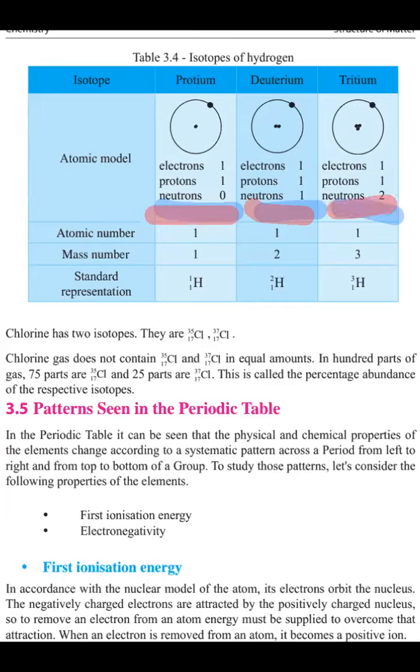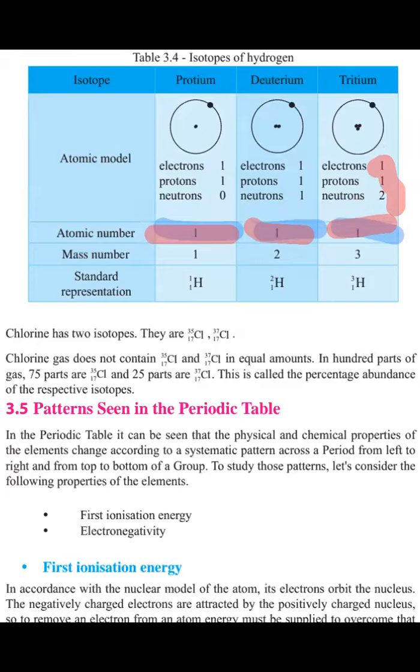Electrons and protons are the same, but neutrons are different. That is the idea of isotopes. In isotopes, the atomic number is the same, but the mass number is different because the neutrons are different. Atomic number 1, mass number 1, 2, 3.